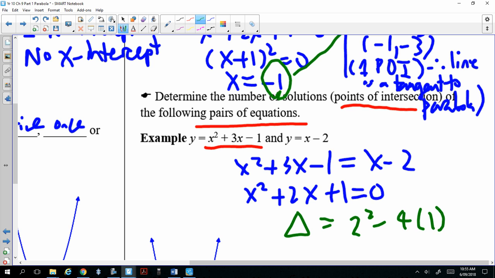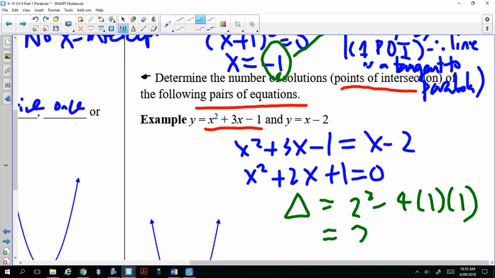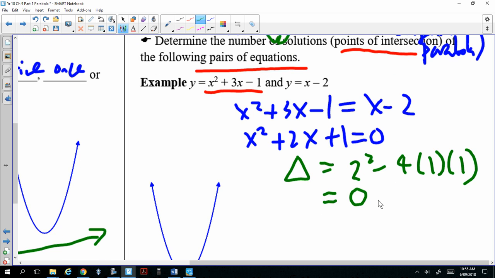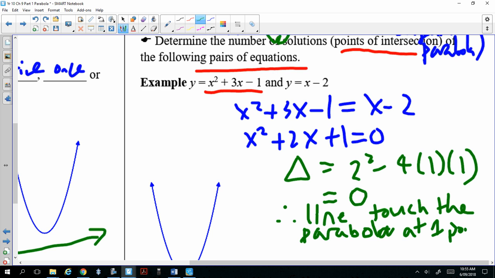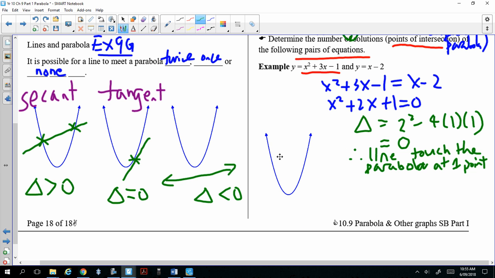And when you get 0, you conclude, therefore, the line touches the parabola at one point. Which really corresponds to this case, the tangent, 0, corresponding to this case.